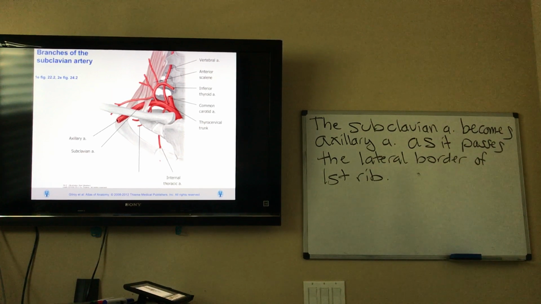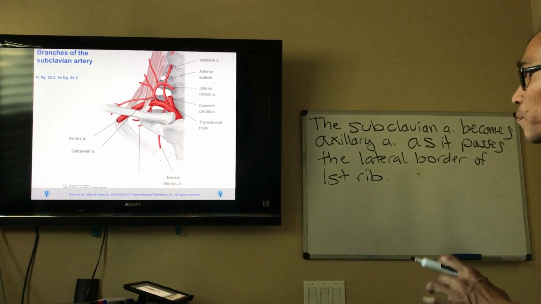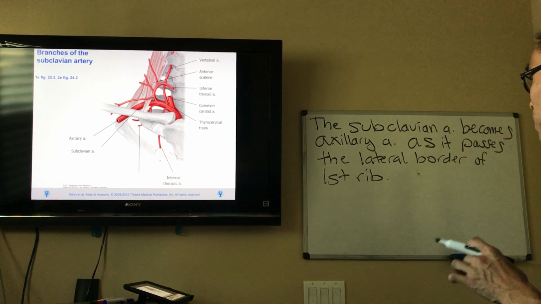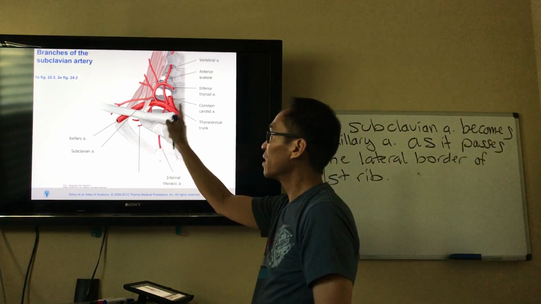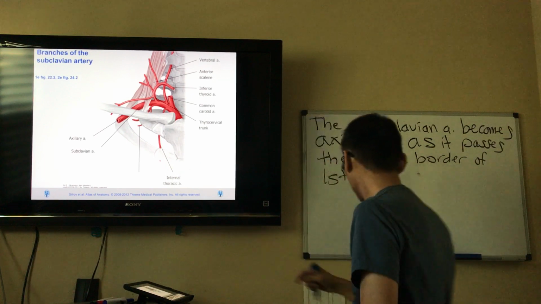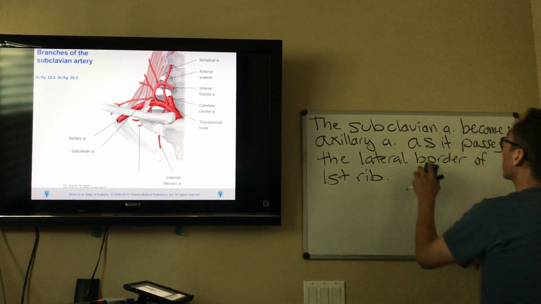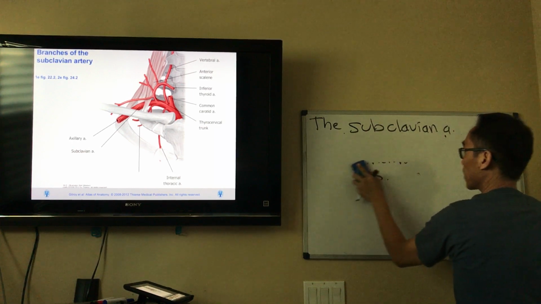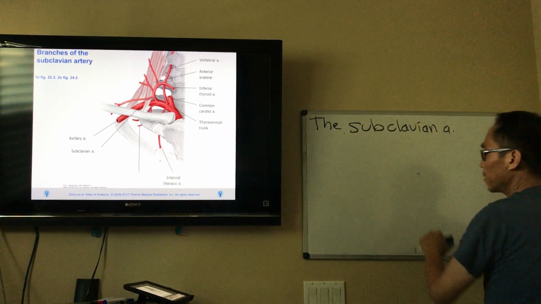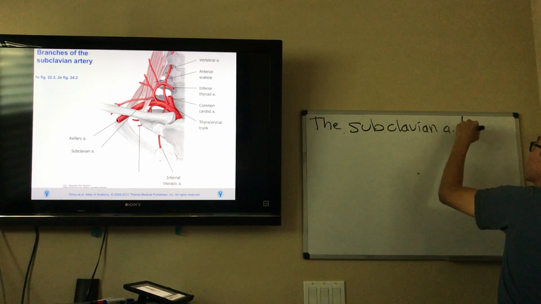The landmarks. The other reason why we use this figure is to teach you the branches of the subclavian artery. So before it passes that landmark right here, it gives off 3 branches that I want you to know. So the subclavian artery has 3 major branches.